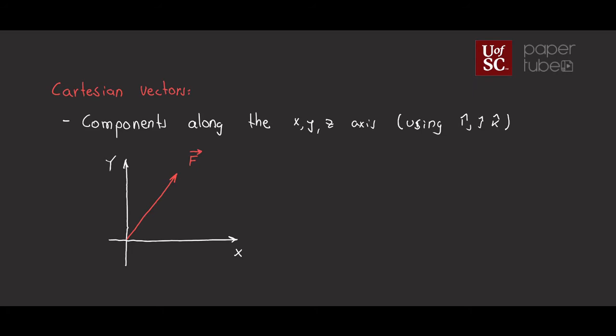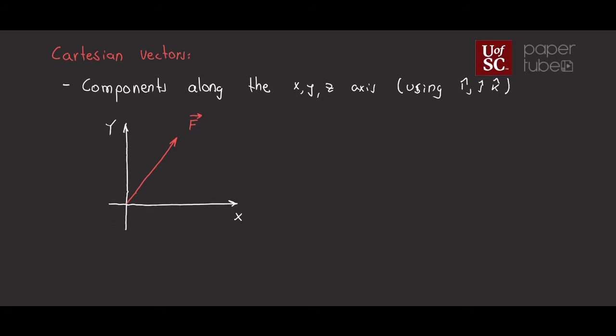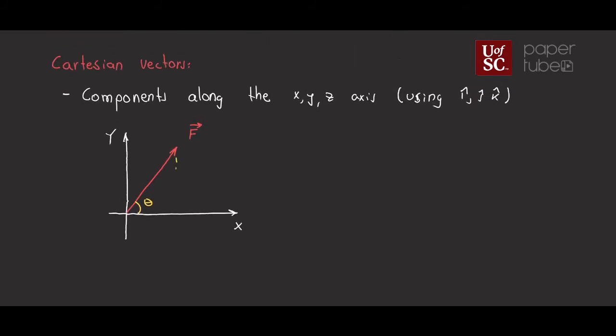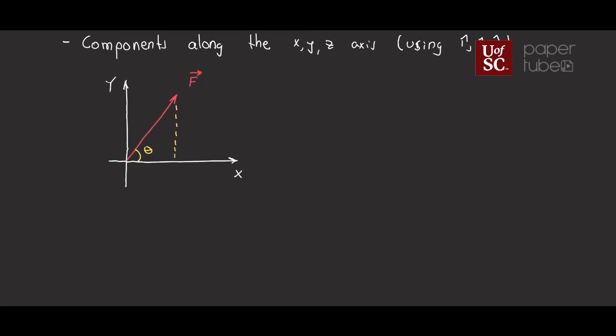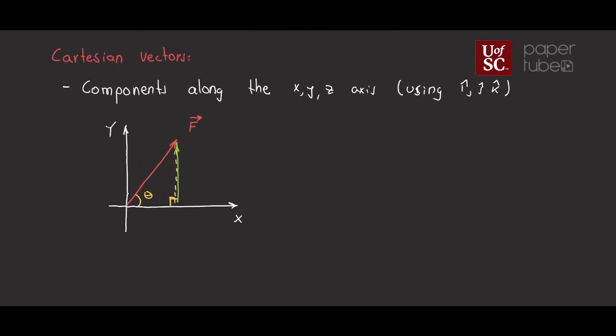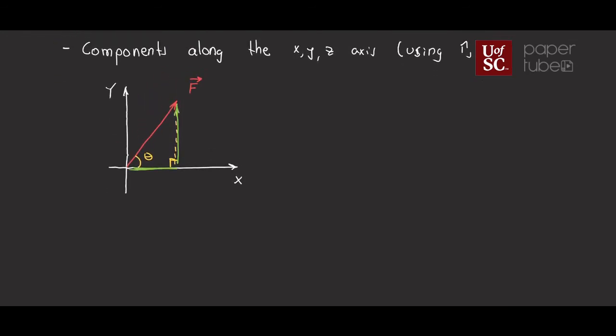Let's say that we have information about this angle. What I can do now is form this right triangle right here, and break down, or decompose, that vector into two other vectors: one going in this direction, one going in this direction.